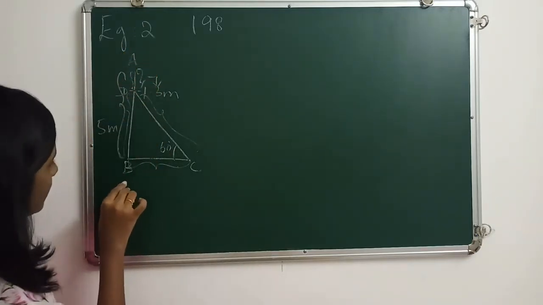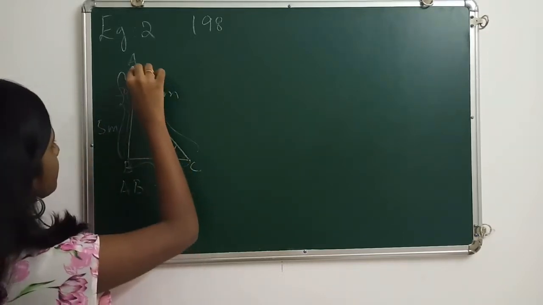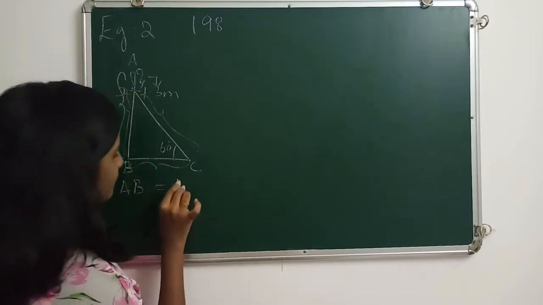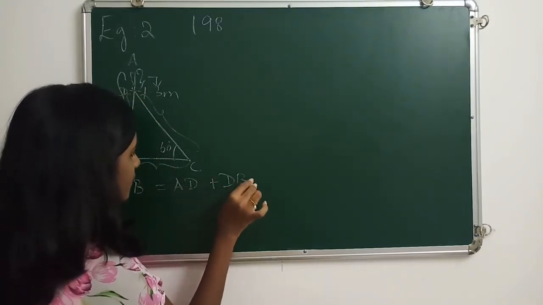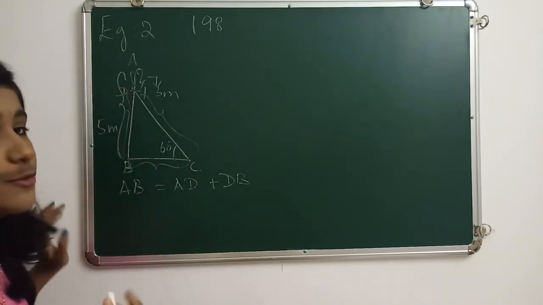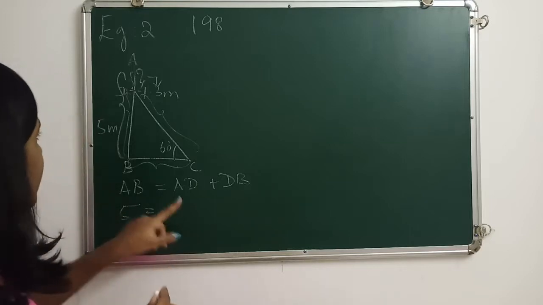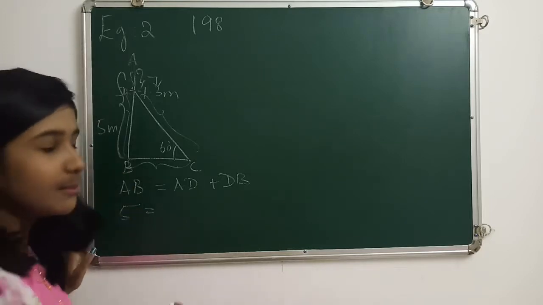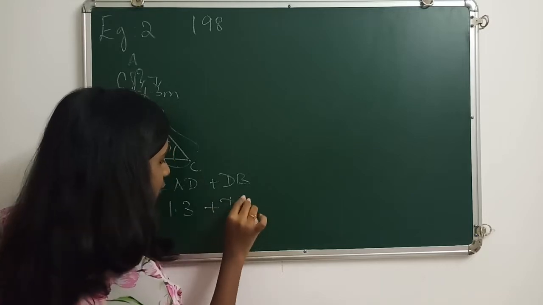Now we know that AB is equal to AD plus DB. Now AB is 5 meter as it is given. AD is 1.3 meter. So 1.3 plus DB, which is unknown.